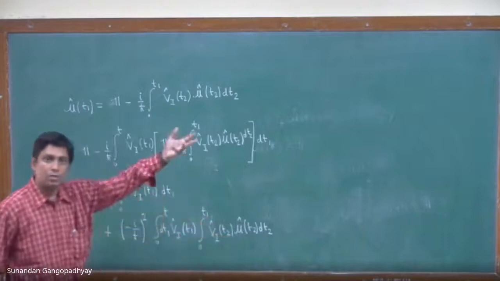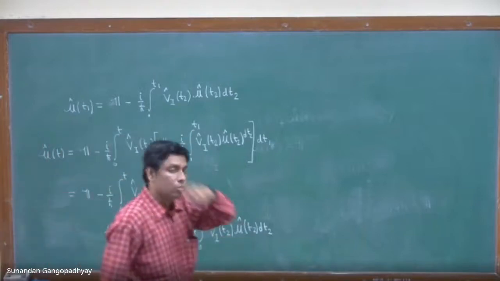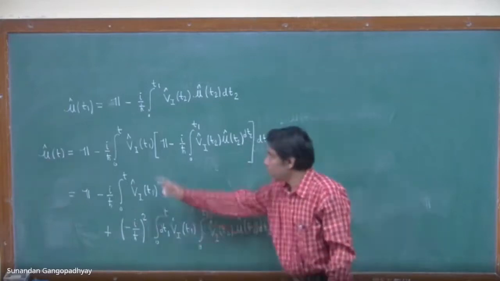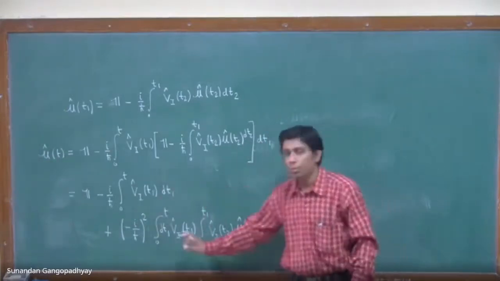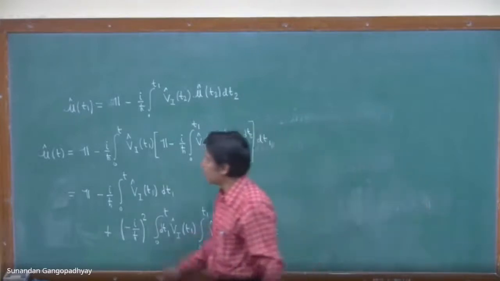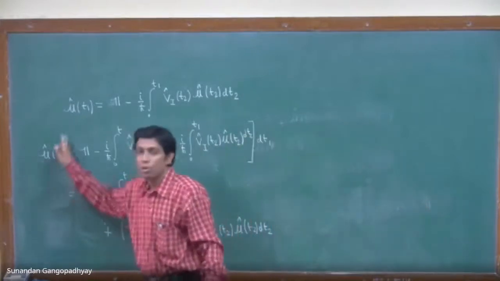Again, u hat t3 will appear under the integral sign, and therefore it will still be exact, but you will not be able to know the last term. So you will not be able to know what exactly this u hat t is.